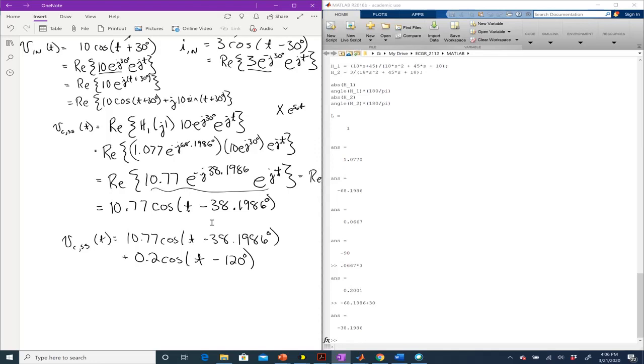Now somehow those can be combined using a trig identity if you really wanted to get one cosine, but you don't have to. Just know that the first term comes from the Vn, and the second term comes from the In.